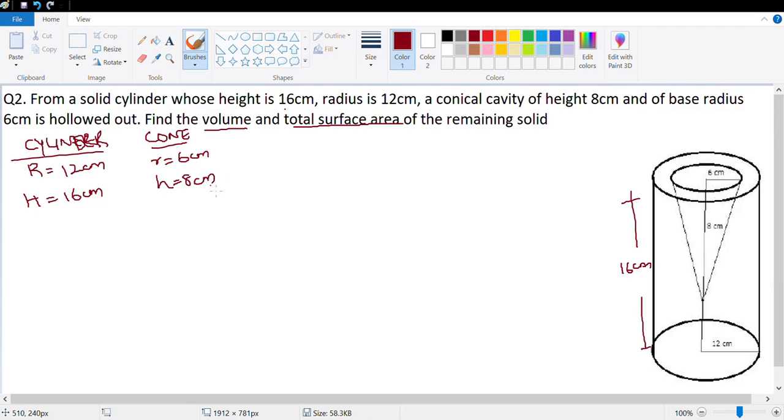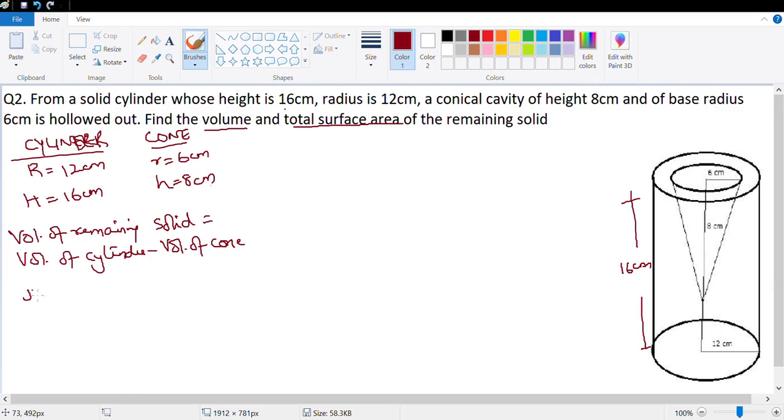So we need to calculate the volume. So volume of remaining solid would be equal to volume of cylinder, exactly like the last question, minus volume of cone. In this case, pi r square h minus 1 by 3 pi small r square h.